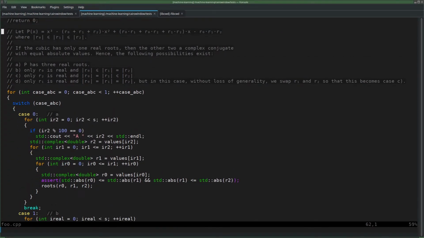And the comment here is, we assume a cubic polynomial where, well, this is just a typical way that depends on its roots. And then, yeah, the roots are indistinguishable. If you swap any two roots, then this formula doesn't change.